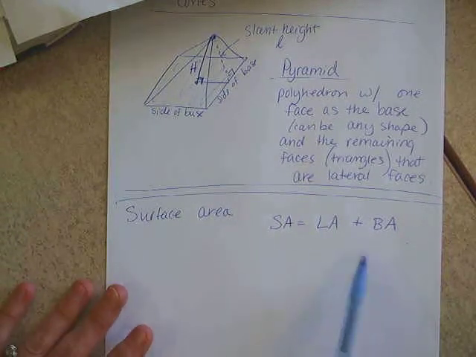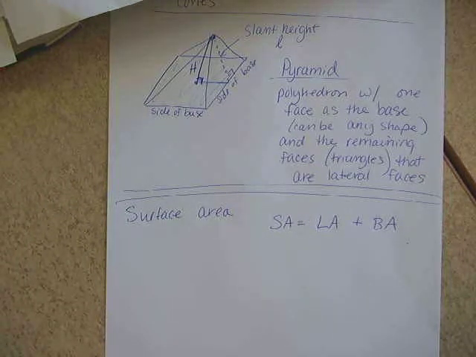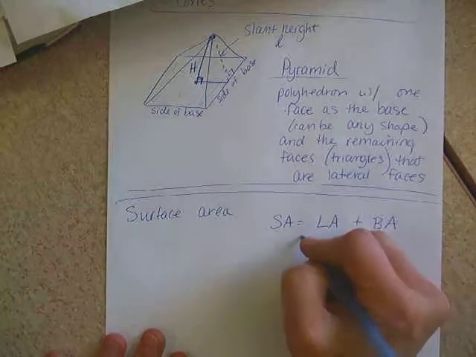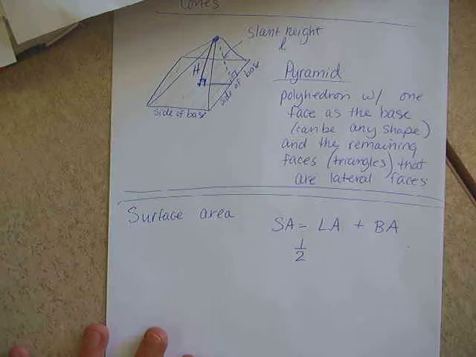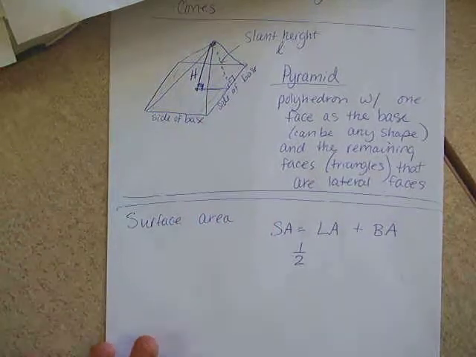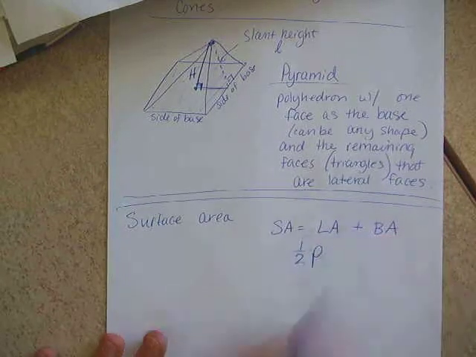All right. So we have lateral area plus the base area. And our lateral area, where with the prisms it's the perimeter times the height, is still fairly close to being the same thing, but like I said earlier, your lateral faces are triangles. So the area of the triangle comes into play. So for our lateral area, we want the 1/2 part because of the shape of those faces.